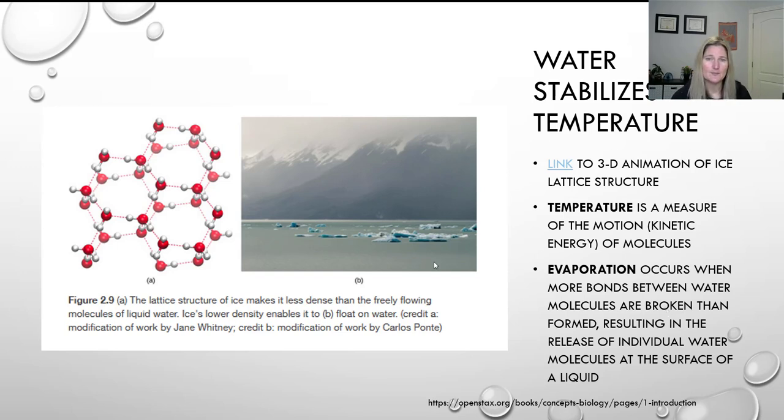And since these bonds are no longer present, that allows the individual water molecule to be released. So that's when we get steam from a boiling pot of water. The steam coming up is just those individual water molecules. They are forming fewer hydrogen bonds to the point where they're breaking free of each other.